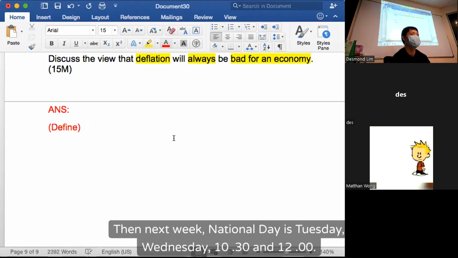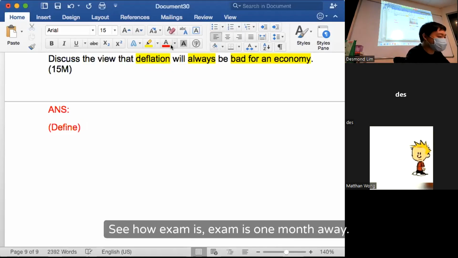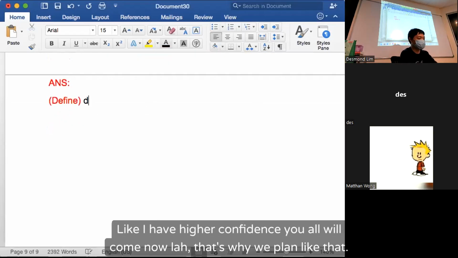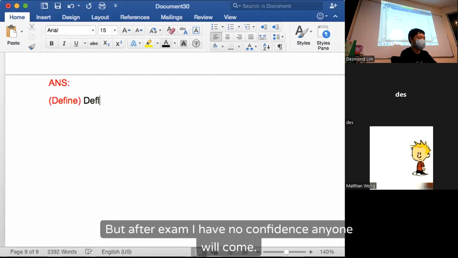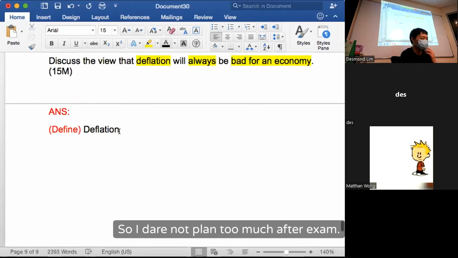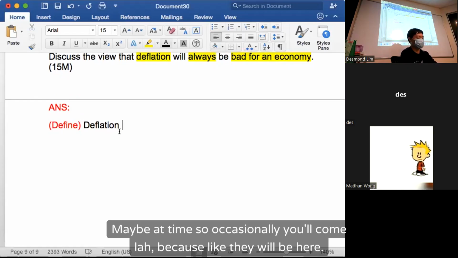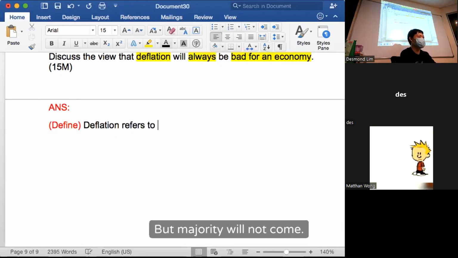Then next week National Day is Tuesday, Wednesday, 10:30 and 12 plus. So 4 lessons next week. See, the exam is 1 month away, so I have higher confidence you all will come now. That's why we plan like that. But after exam, I have no confidence anyone will come. So I dare not plan too much after exam because then I'll be here alone. Maybe a kind few will occasionally come because they pity me. But the majority will not come.